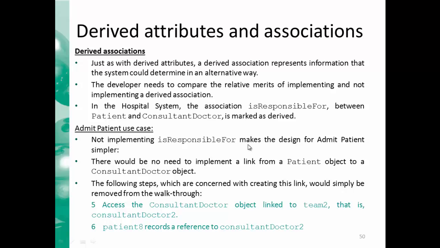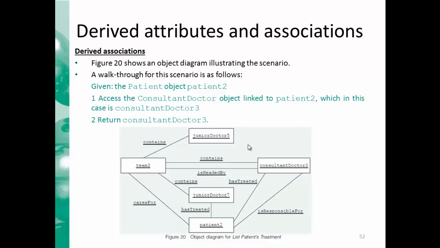The same goes for derived associations. Derived associations are associations representing some information determined in an alternative way in the system, and here we have the example of is responsible for as a derived association. If you want to know who is the consultant doctor for some particular object, for example for patient 2, then we need to communicate with patient 2 to get this information.